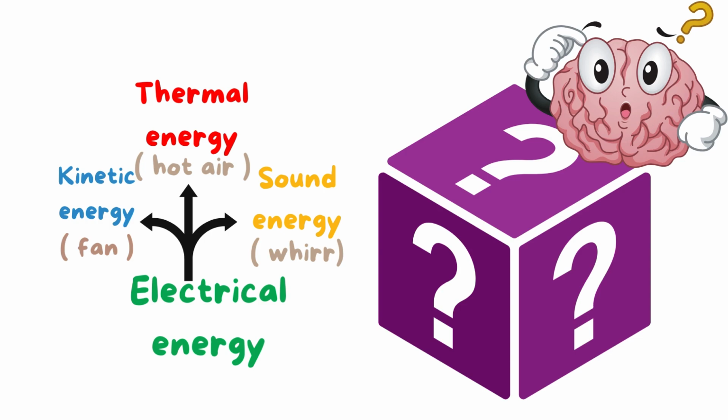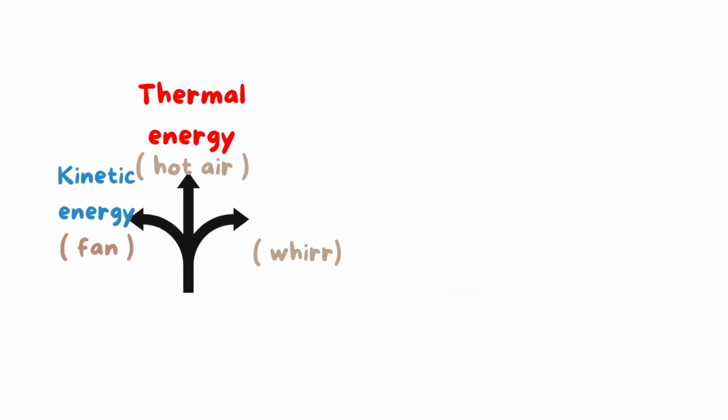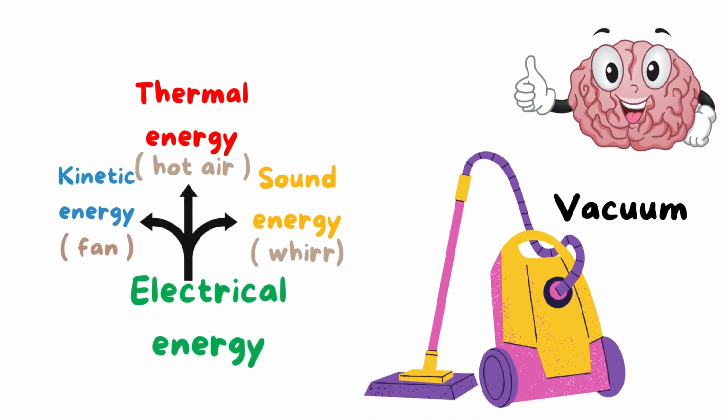Yes, we use it in cleaning the floor. Yes, the vacuum. Okay, the vacuum also, like the hair dryer, changes electrical energy into kinetic energy, thermal energy, and sound energy. Okay, good job.